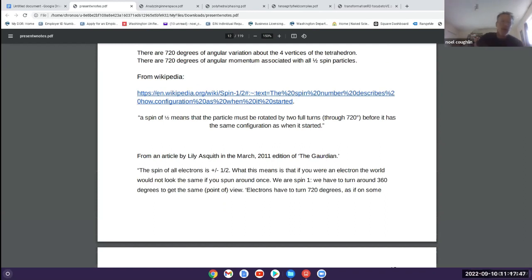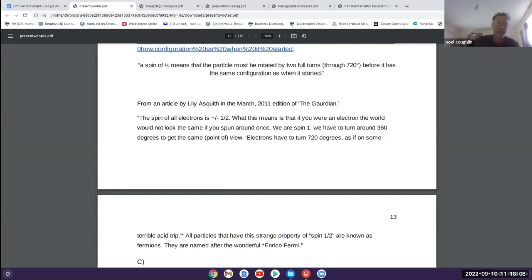So, gentlemen, there are 720 degrees of angular variation about the 4 vertices of the tetrahedron. This is the same amount of angular momentum associated with all half-spin particles. A spin of one-half means that the particle must be rotated by two full turns before it is in the same configuration as when it started. The spin of all electrons is plus or minus 1/2.